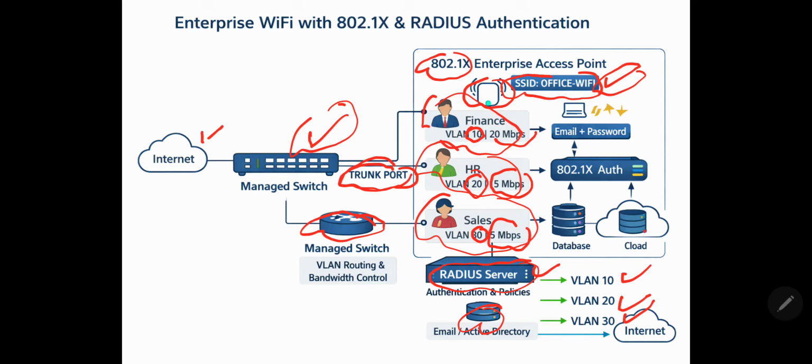Okay, and then next, the VLAN is assigned by the managed switch, and if all this process succeeds, they can access the internet. This topology uses one secure Wi-Fi, user-based login, and automatic network separation to keep the office network safe, organized, and efficient. Okay, I hope you understand this topology.